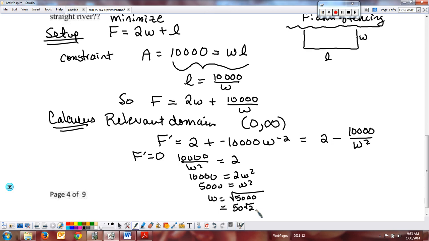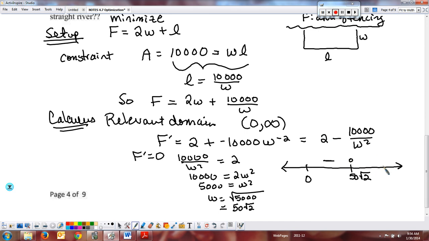Now, on this problem, this is always positive. I'm going to do my sign chart here just to see what we have going on. I only have to worry about 0 going to infinity. I have this 50 square root of 2. What happens if I pick a number down here, like even just 1? Clearly this is going to be a negative number, so I would be negative here. There's 0 there.